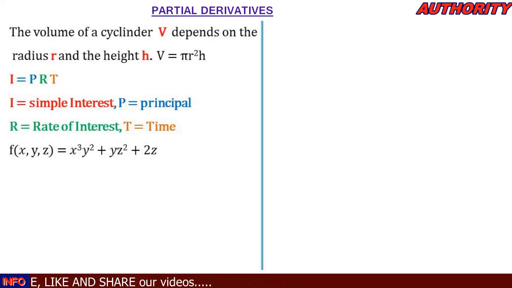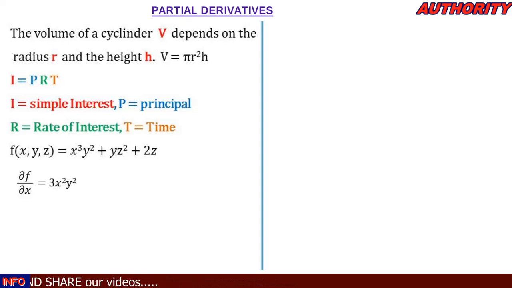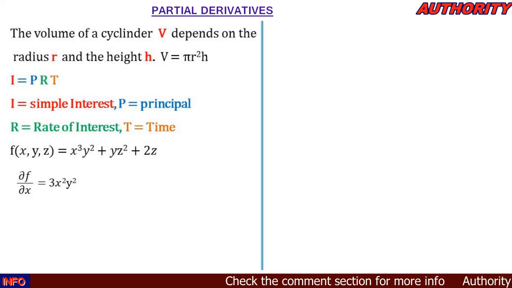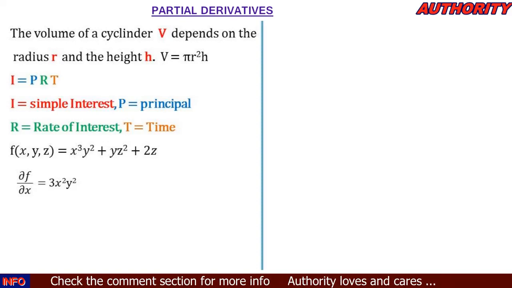Now let's go. If we say partial derivative of f with respect to x, this is how we write it. In x cubed y squared, if we differentiate x cubed, what are we going to have? We're going to have 3x squared. And then y squared, we hold as a constant, and if you differentiate with y squared as a constant, it remains the same. So when you differentiate x cubed y squared, taking y squared as a constant, you are going to have 3x squared y squared. You get it, right? Good.